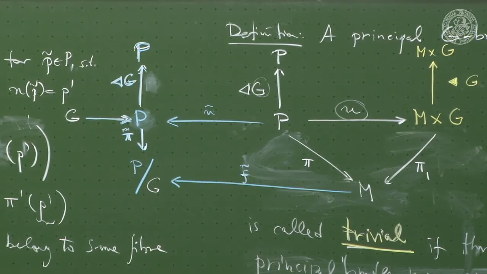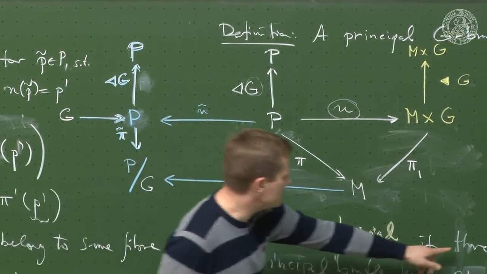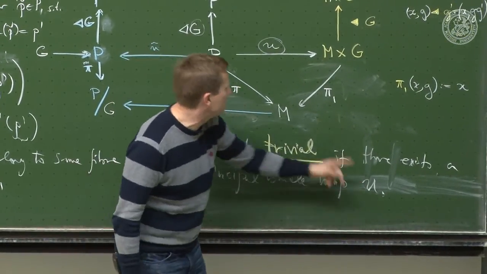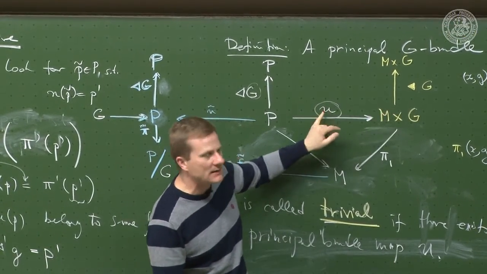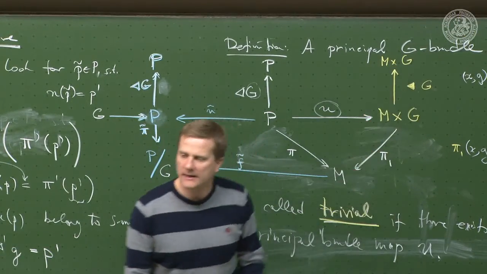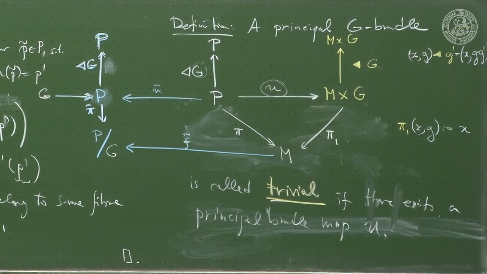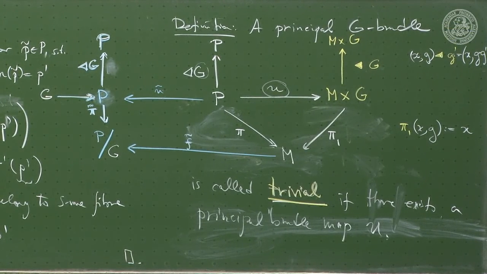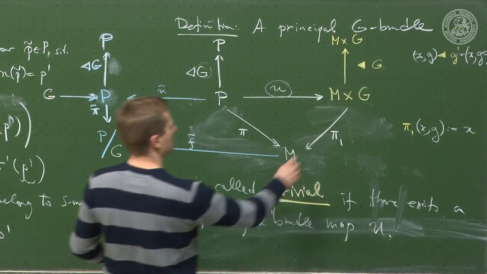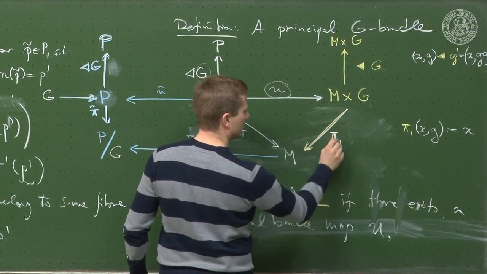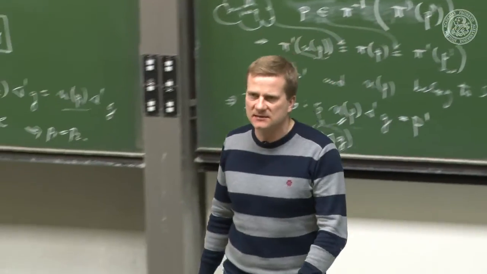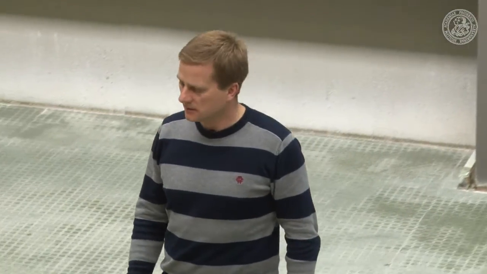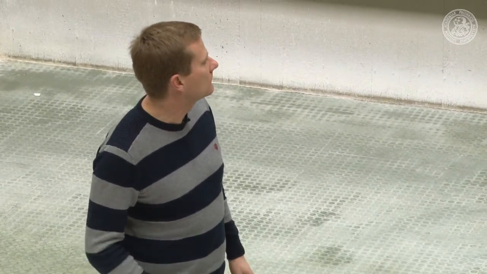No, not every one, but if there exists a principal bundle map U from the white guy to the yellow guy, where this really should be yellow, right? And this is half white, half yellow. If there exists such a principal bundle map, only then is it trivial.